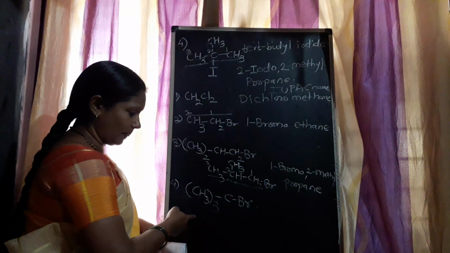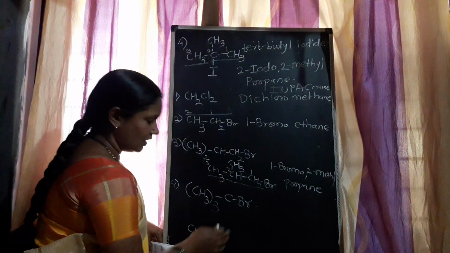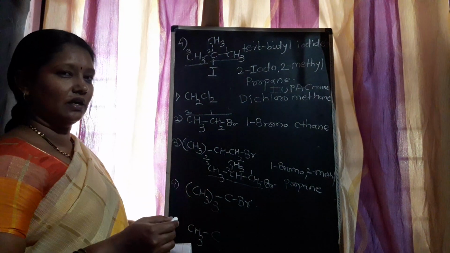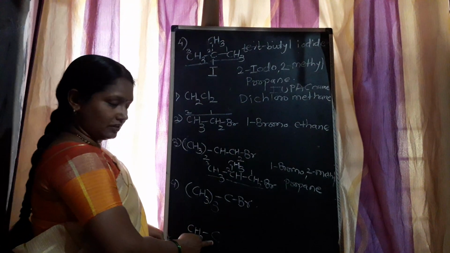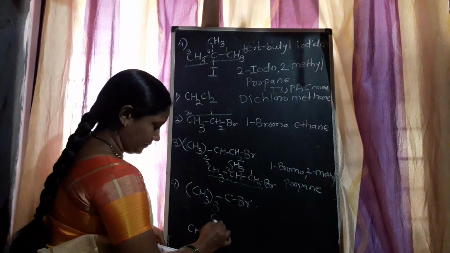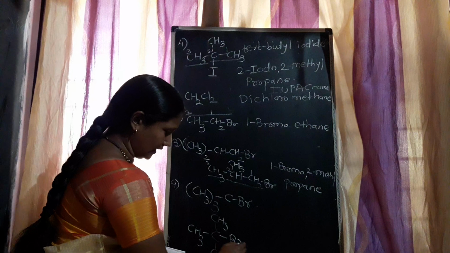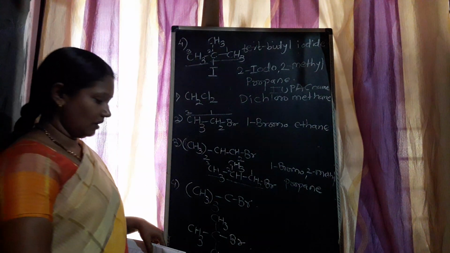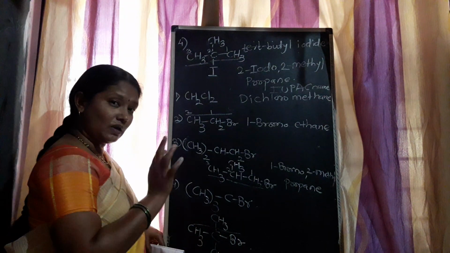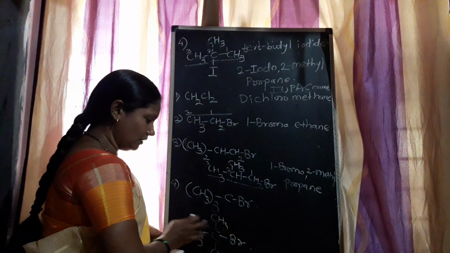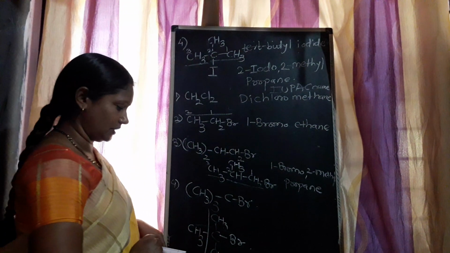Now this one you can write the structure also here, CH3. If you cannot write the IUPAC name from this structure, then you can write the structure first. Like this one. Now in this, if you select this long chain, only two carbon atoms are present, so you select this long chain. In this three carbon atoms are present.